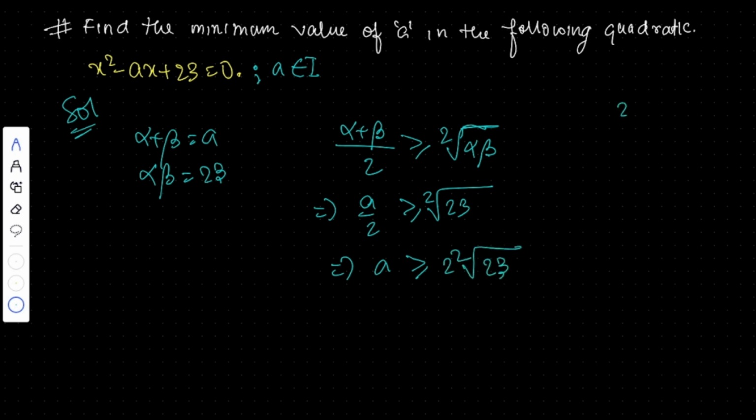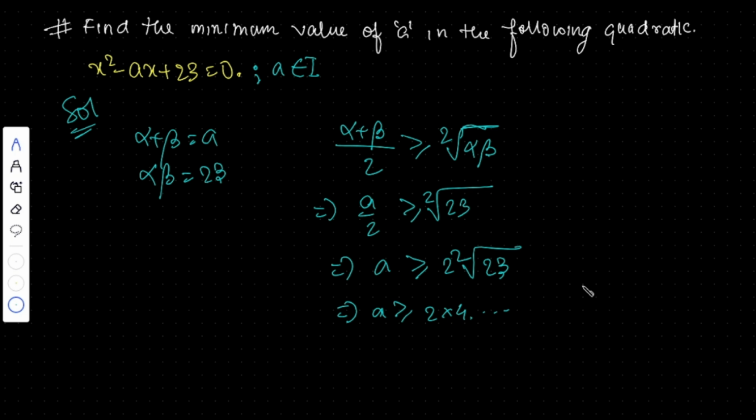What is the square root of 23? 4 square is 16, 5 square is 25, so it will be 4 point something. A is greater than or equal to 2 into 4 point something.